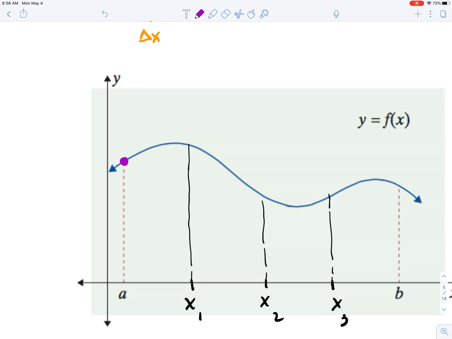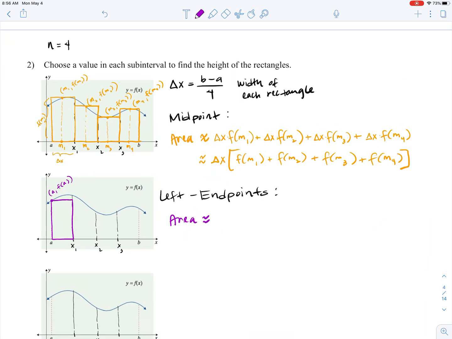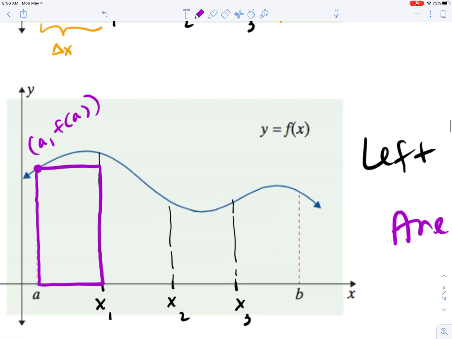Looking at the first subinterval, a to x sub 1, the left endpoint of the subinterval would be a. So I'm going to use f of a as the height of the first rectangle, and the width will still be delta x. So delta x times f of a.